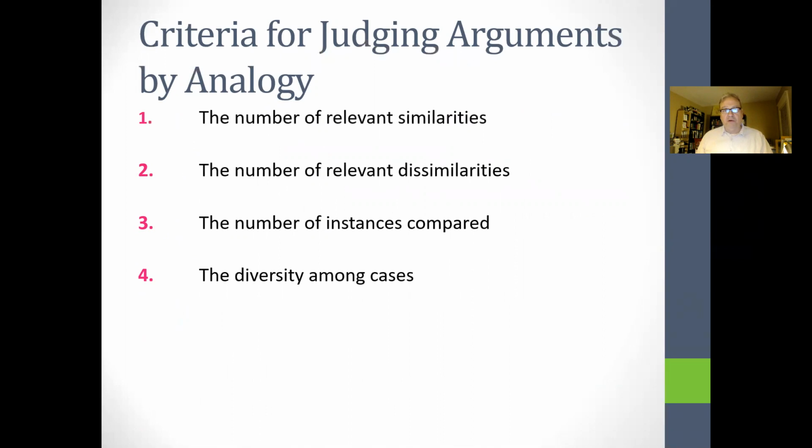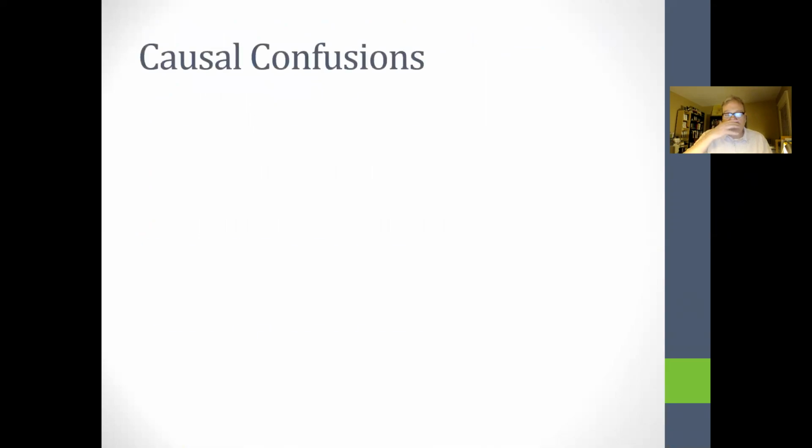So if you're comparing two wars, probably some property shared between two wars may have some force, but probably fairly weak. It would make a fairly weak argument if you're trying to compare in terms of relevant properties, and then you say one of them has some further property. If you're comparing a lot of wars, that's a diversity of cases. So the more cases you have, the stronger your argument will be, most likely.